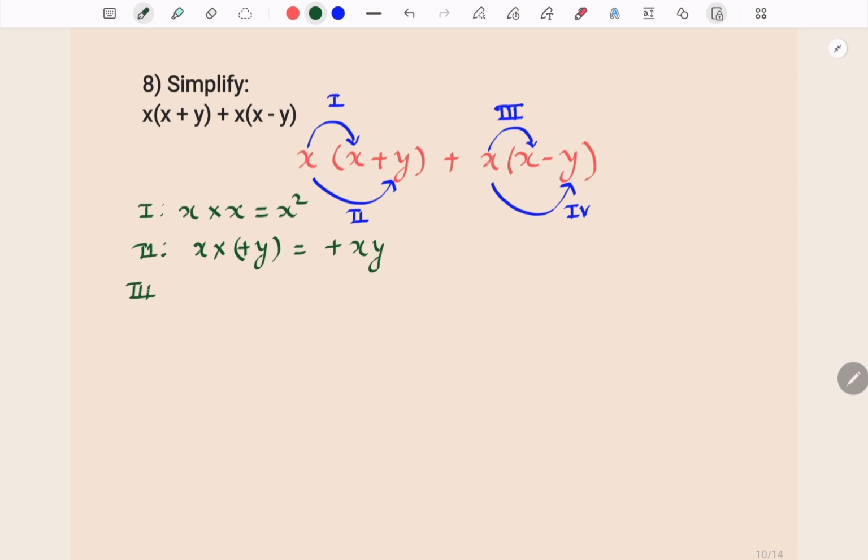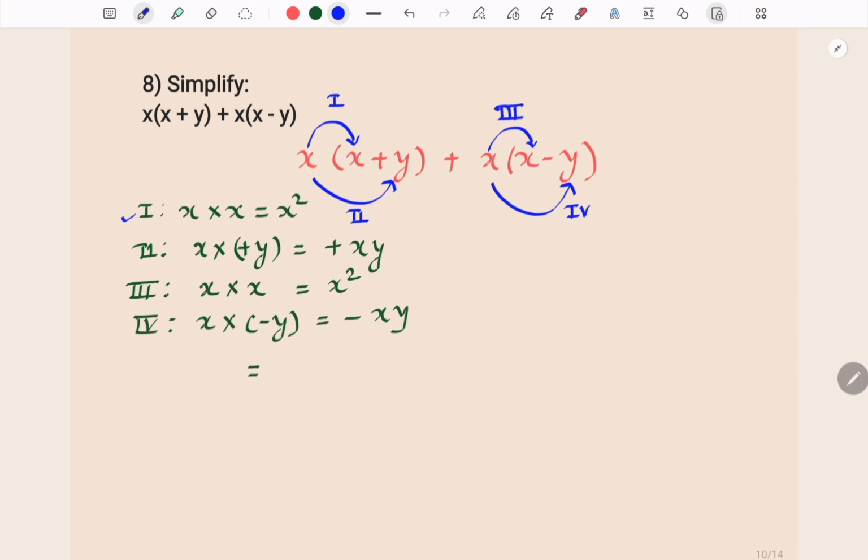The third multiplication would be x times x, again x squared, and the fourth multiplication would be x times minus y, that would be minus xy. The next step, as you know very well, I will write all these terms with their appropriate sign.